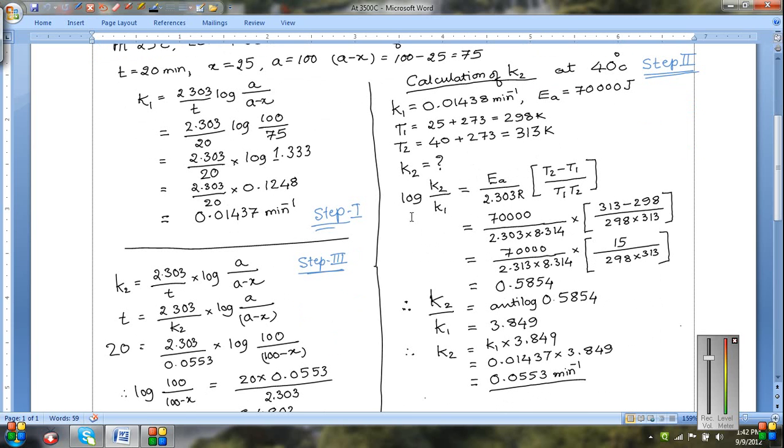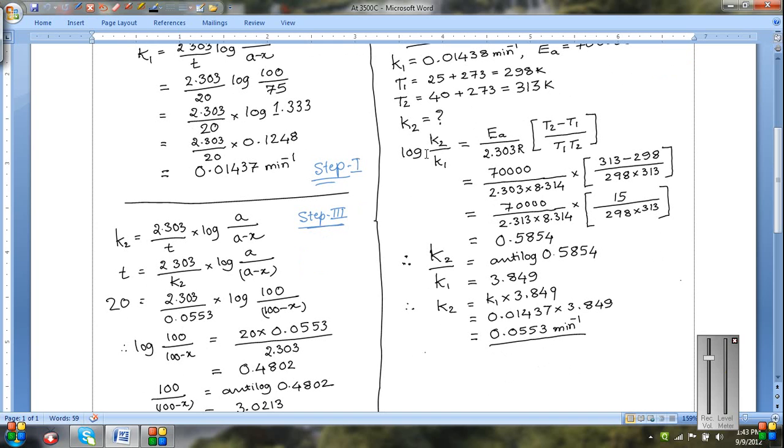We know that log of K2 by K1 equals Ea divided by 2.303 R into T2 minus T1 divided by T1 T2. On substitution, Ea is 70,000, 2.303, R value 8.314, T2 313, T1 298. Substitute all these values and get log K2 by K1.